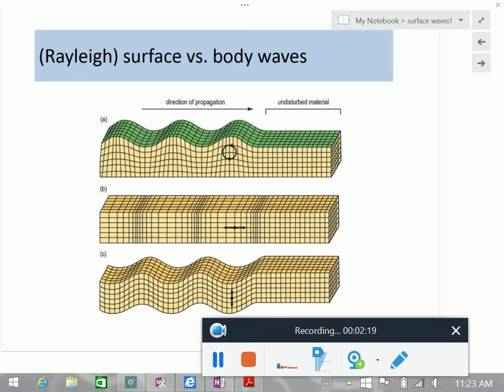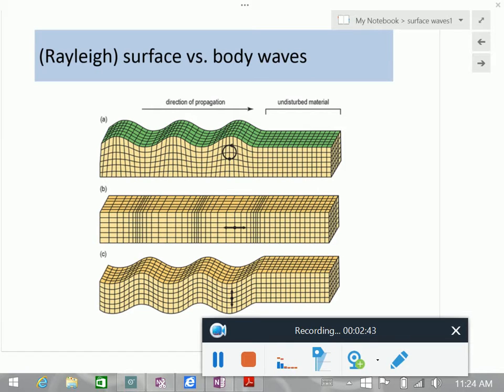The second, in the middle, what type of wave is it? The second is the P wave. We can see that there's an arrow inside. It is actually the way the particle moves. Sorry, I want to say it's parallel to the propagation direction.